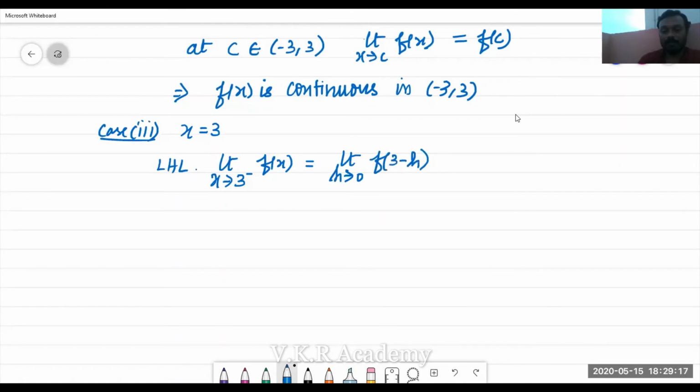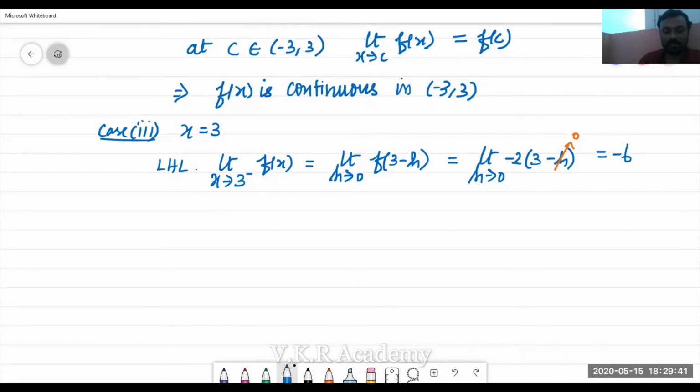For any point less than 3, f of x is minus 2x. So it is going to be limit h tends to 0 of minus 2 into 3 minus h. So when you allow h tends to 0, we get the value to be minus 6.